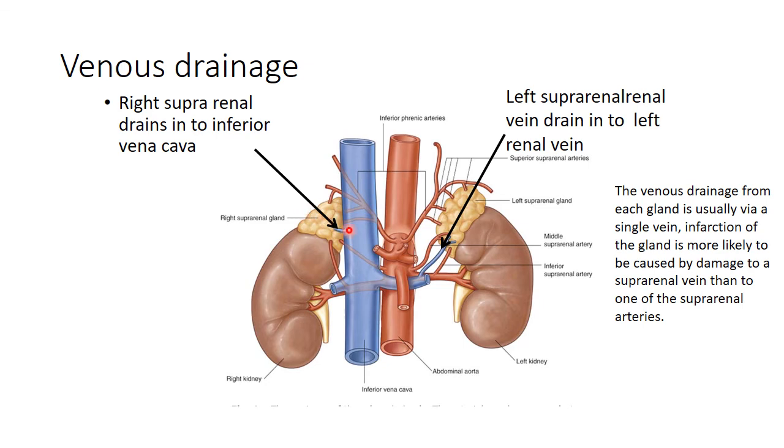The venous drainage of each gland is usually through a single vein, and that is why infarction of the gland is more likely to be caused by damage to the suprarenal vein than to one of the renal arteries. Then one more feature we have noted: the right suprarenal vein is small or shorter in length, which makes surgical resection of the gland or mobilization of the inferior vena cava very difficult or dangerous.